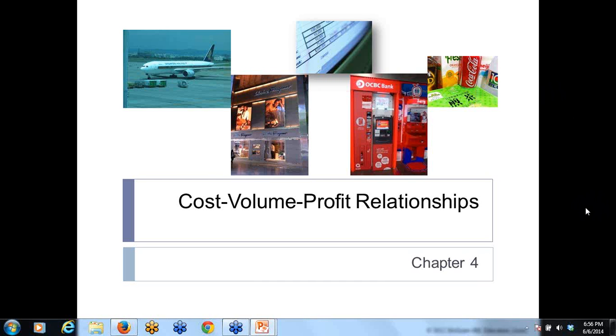It is a vital tool used in many business decisions, such as deciding what products to manufacture or sell, what pricing policy to follow, what marketing strategy to employ, and what type of productive facilities to acquire.